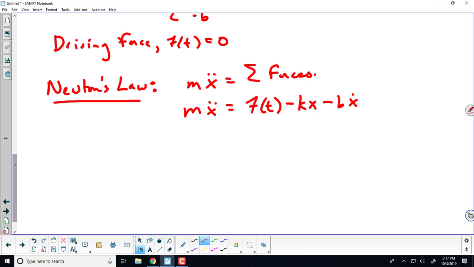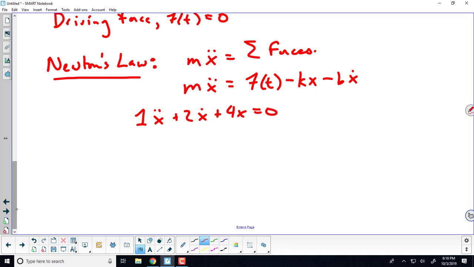So if we go ahead and input 0 for our driving force function, and 4 and 2 for k and b respectively, then we get, the mass was 1, so 1 x double prime plus 2 x prime plus 4 x equals 0. And there's the differential equation for this system.